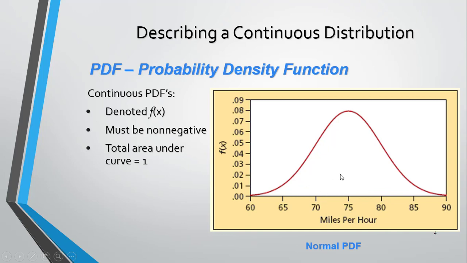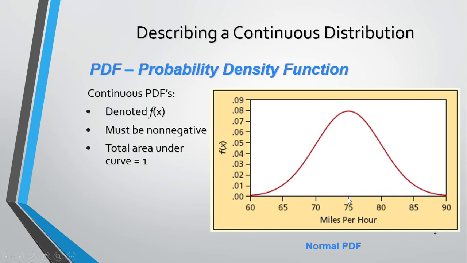This chart on the right shows miles per hour, how fast people drive on the interstate highway. The average speed is probably around 75 miles per hour. Even though the speed limit may be 70, we all know that most people drive at 75.